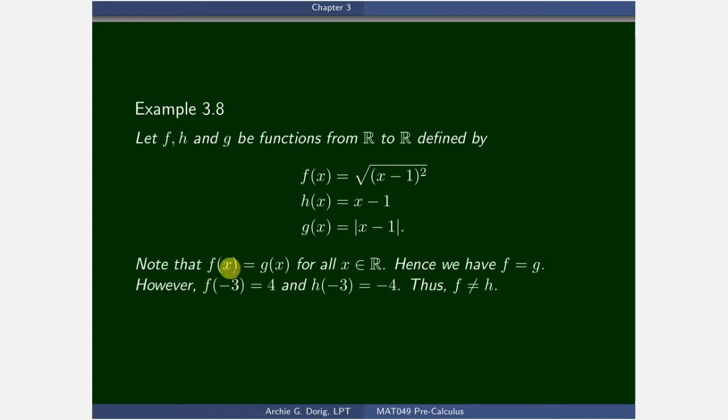Note that f of x equals g of x for all x in R, so we have f equals g. However, f of negative 3 equals 4, and h of negative 3 equals negative 4. Thus, f is not equal to h.